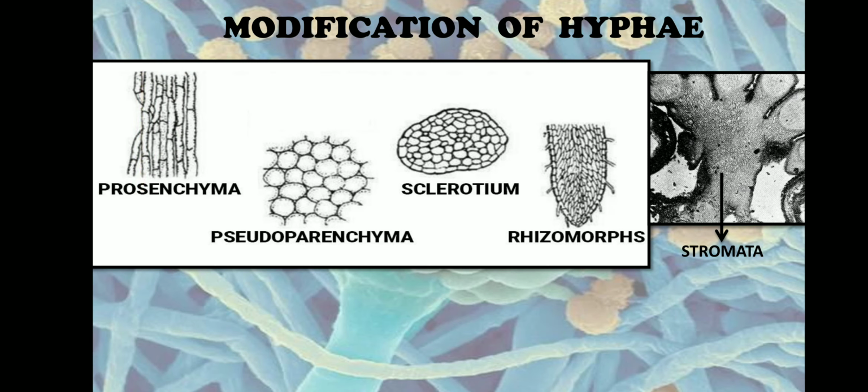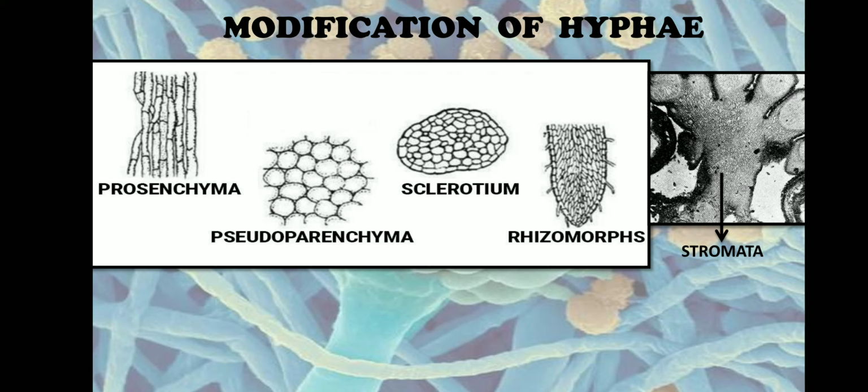Here the hyphae are elongated in nature and they are present parallel to each other. So here the hyphae run parallel to each other to form prosenchyma and it is loosely arranged. Each hypha in the prosenchyma does not lose its identity when they form a tissue.